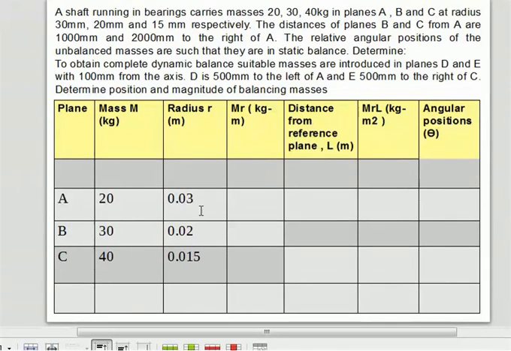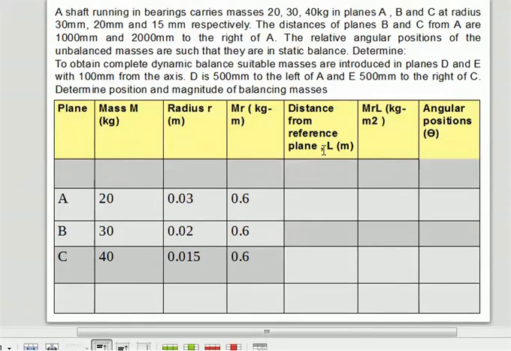So these are the radius of masses A, B and C. In the next column we'll write the product of mass into radius. 20 into 0.03 you will get 0.6, 30 into 0.02 it is 0.6 again, and the next value is also 0.6.